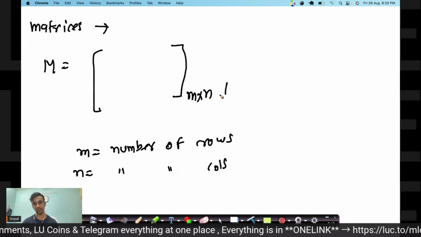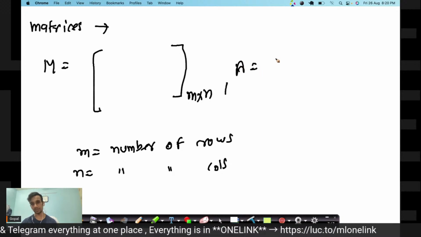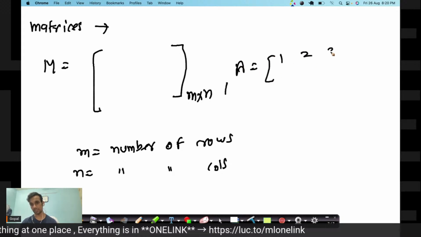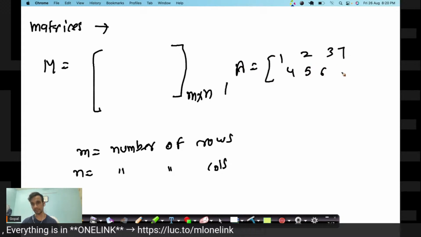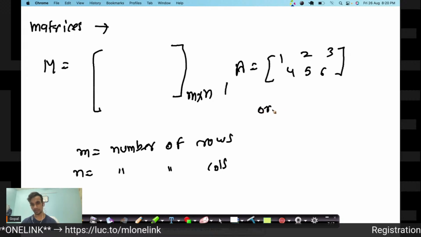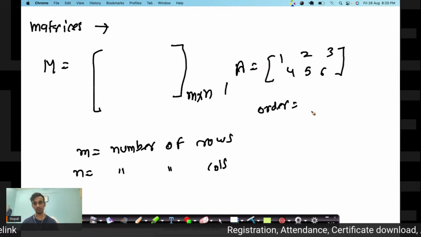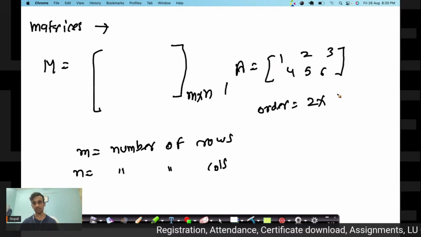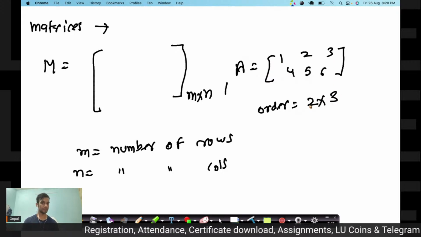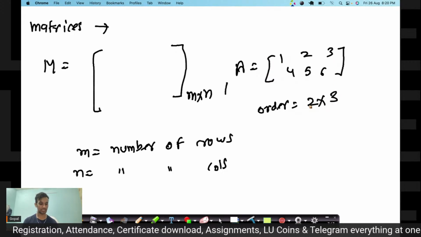If I write a matrix A equal to 1, 2, 3, 4, 5, 6, the order of this matrix will be what? How many rows do you see here? 2. How many columns? 3. So 2 cross 3. Quite simple, right?